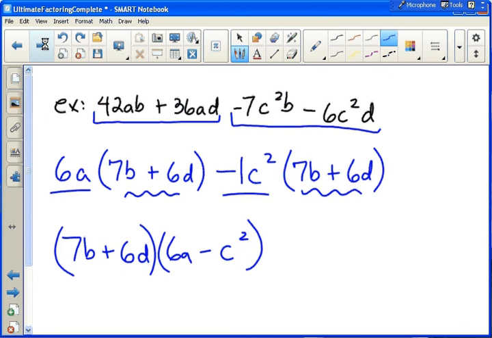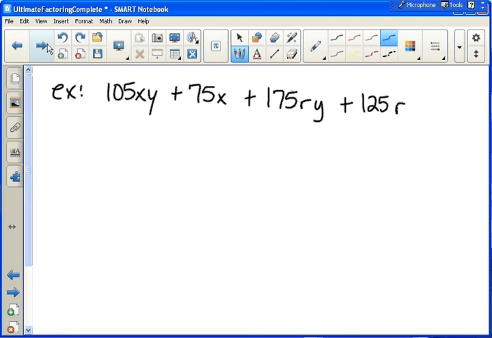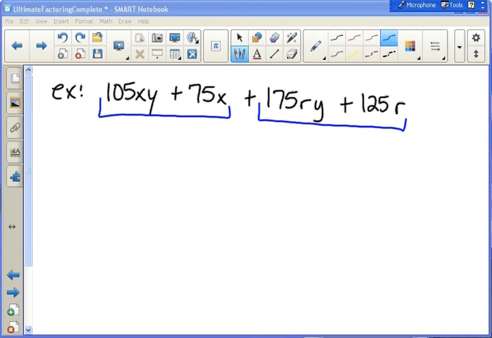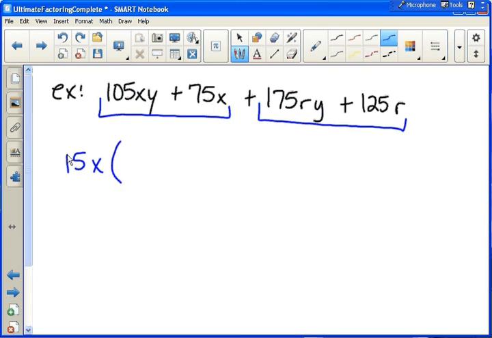Okay, I see here that there's more than 3 terms, so I think factoring by grouping. I separate them into pairs. 105 and 75 have 15 in common, and both of those terms have an x in common. And that should leave you with 7y plus 5.